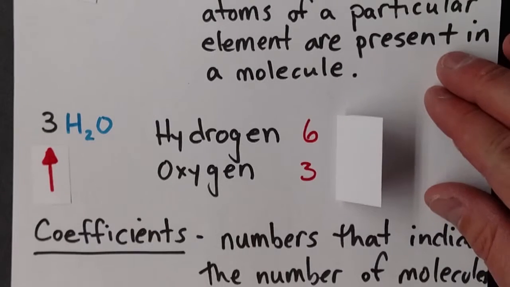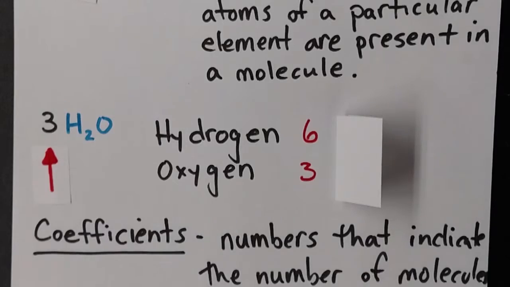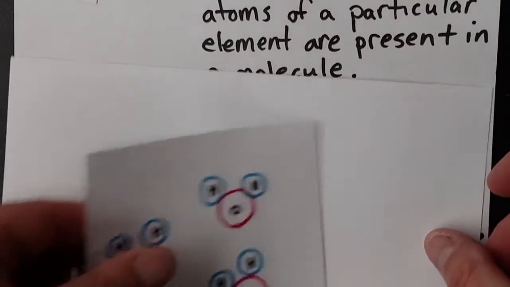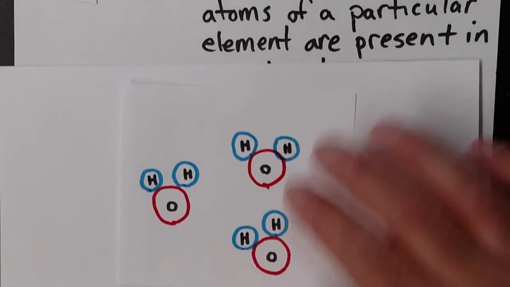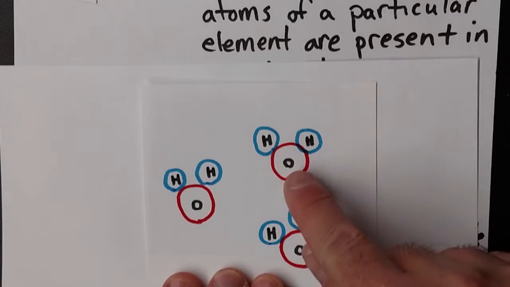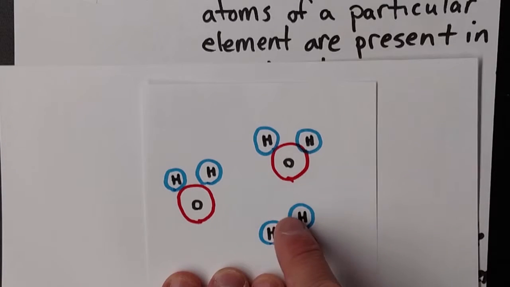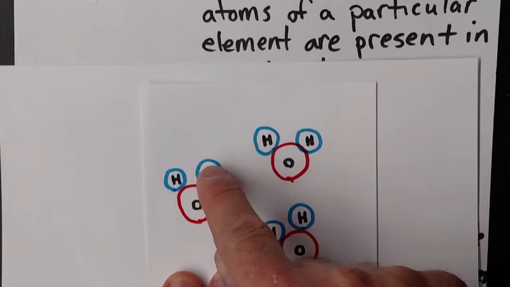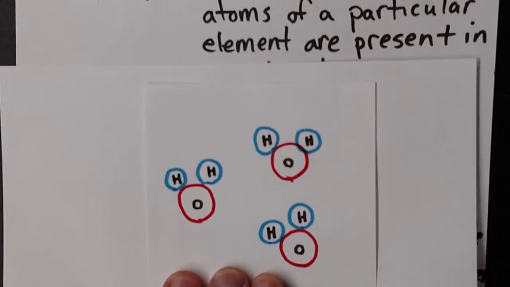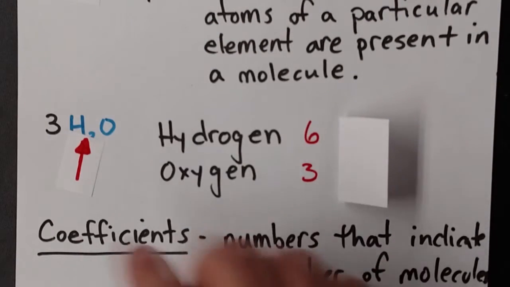So if we look at a visual here, these are 3 molecules of water. If we count them up, we have 1, 2, 3 oxygens, 1, 2, 3, 4, 5, 6 hydrogens, which is exactly what we had here.